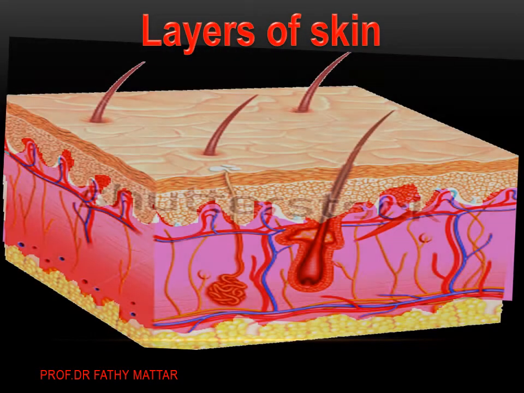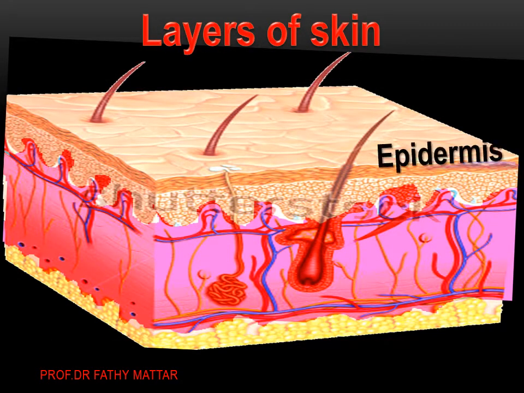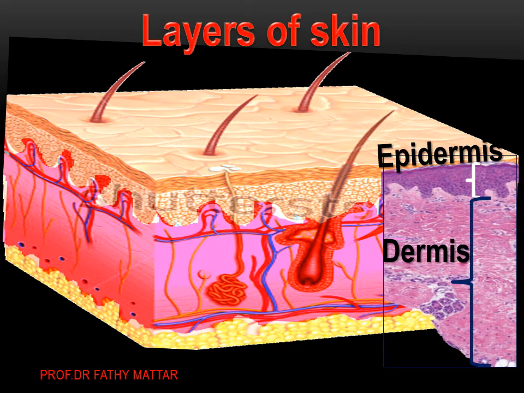The layers of skin. The outermost layer covering the skin is called the epidermis. Underneath the epidermis is the dermis. The epidermis is formed of stratified squamous epithelium, as we will know, and the dermis is formed mainly of connective tissues. The dermis has two regions.